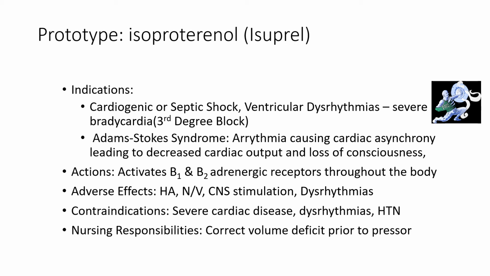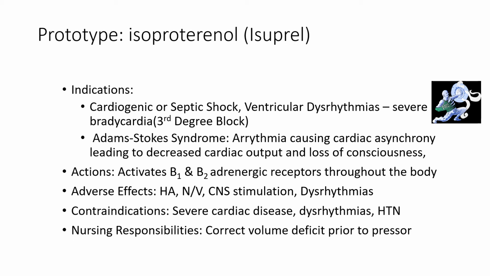Nursing responsibility. When we use a drug that's trying to pump more blood out of the heart, you always want to make sure that the person's not dehydrated, that they have proper volume in their circulating system, in the arteries and the veins.